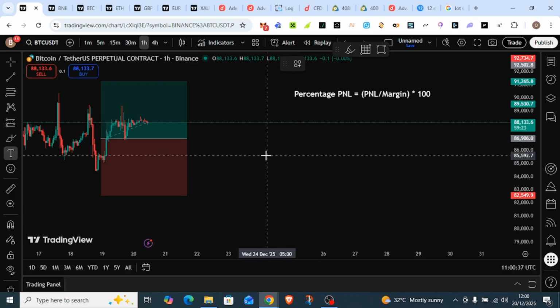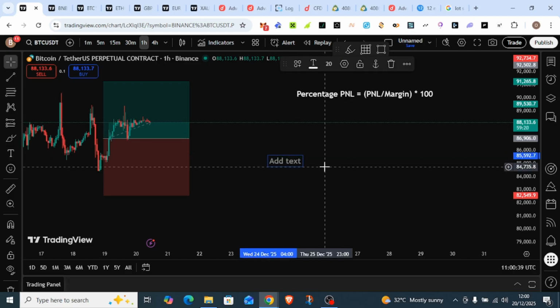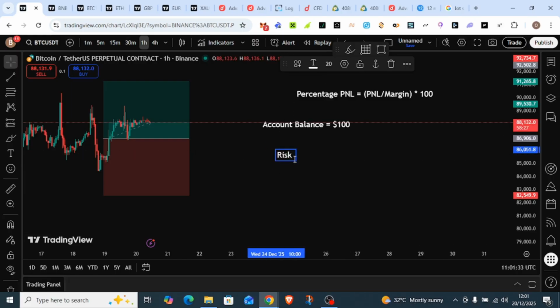Suppose we have a trading account of $100 balance, and we decide to risk $30 from the $100 account.